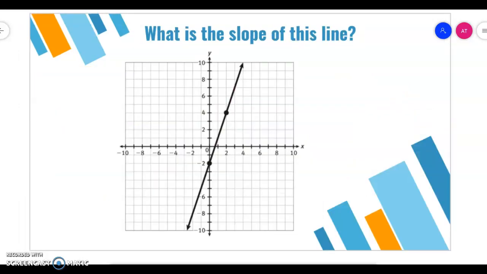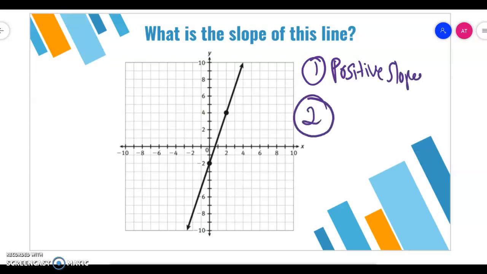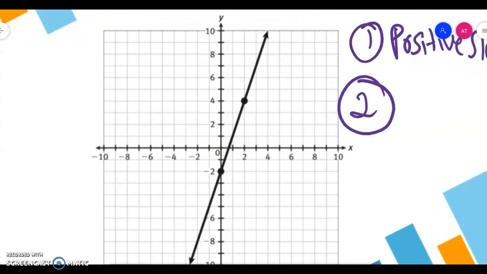Alright, so what is the slope of this line, you ask? Well, first we need to establish if it's positive, negative, undefined, or 0. So it looks like it's increasing, so that means it's going to be a positive slope. So I know my answer has to be positive. So now I'm going to start from the furthest left point here, which looks like exactly right here.